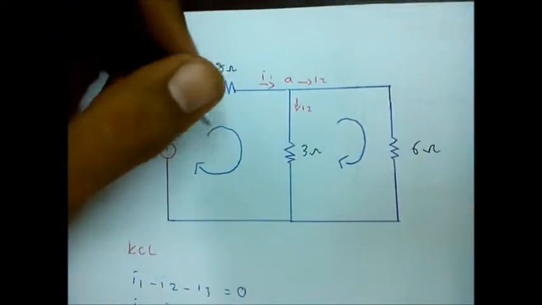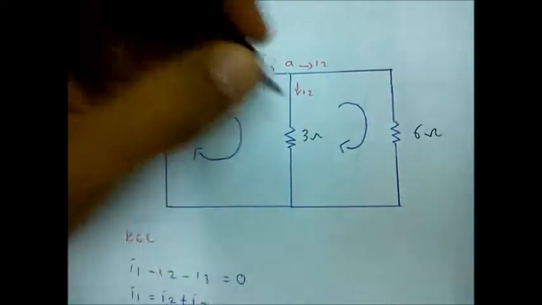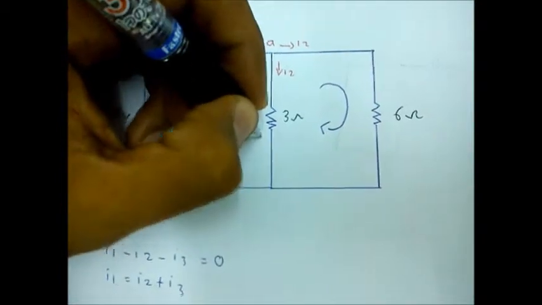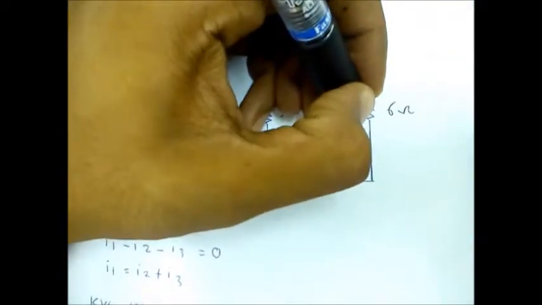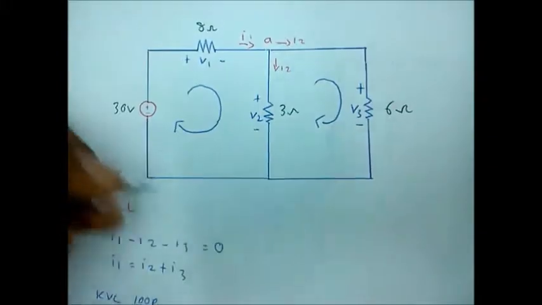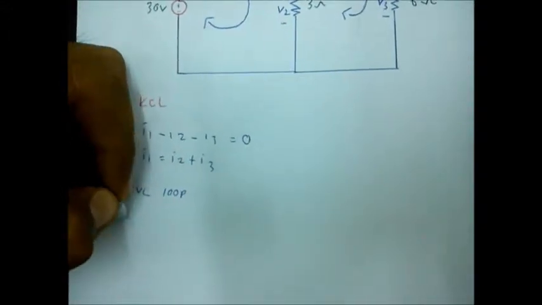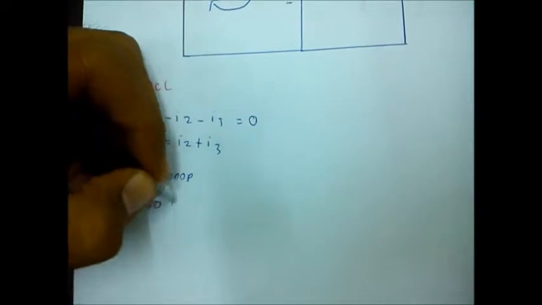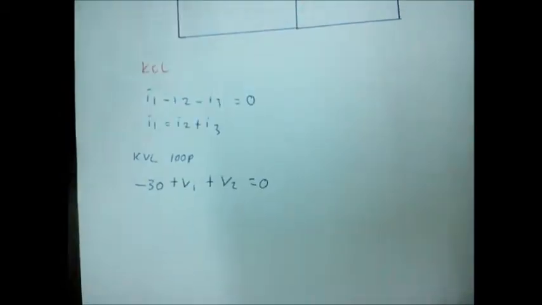They have V1, and this V2, and this V3, and the KVL loop gives the equation negative 30 plus V1 plus V2 equals 0 for the first loop.